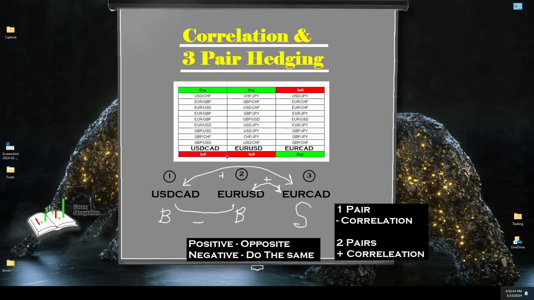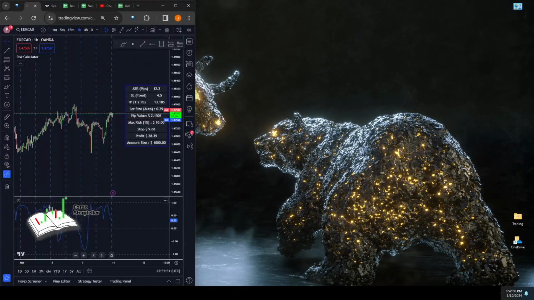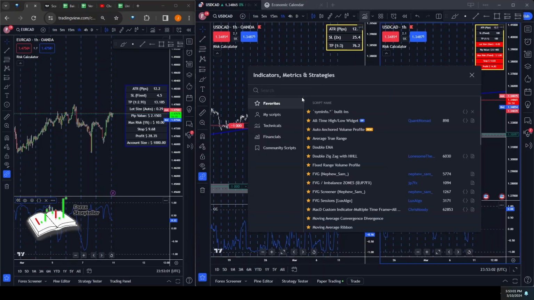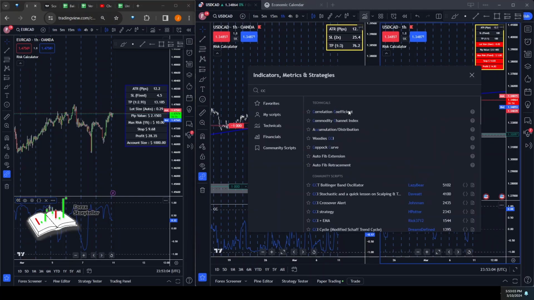I'll pull up an example of that. Notice this is the correlation coefficient index. You can add that to your chart by going to the indicators and typing CC. It's going to be the first one on there.